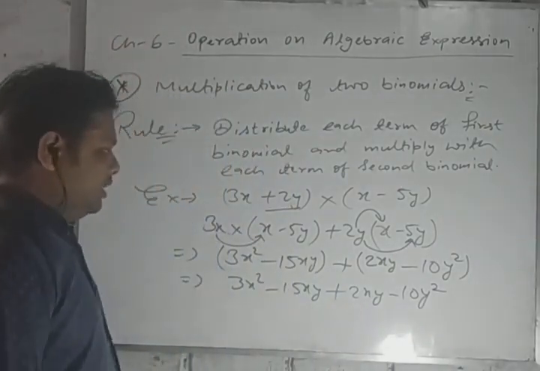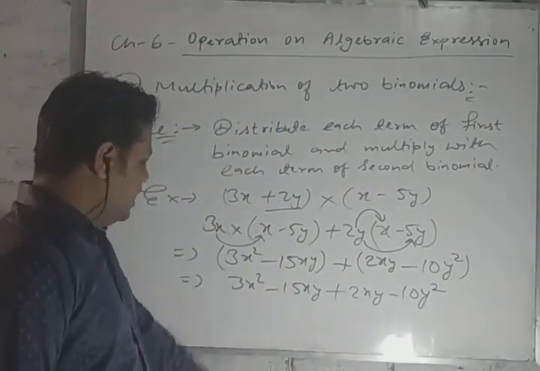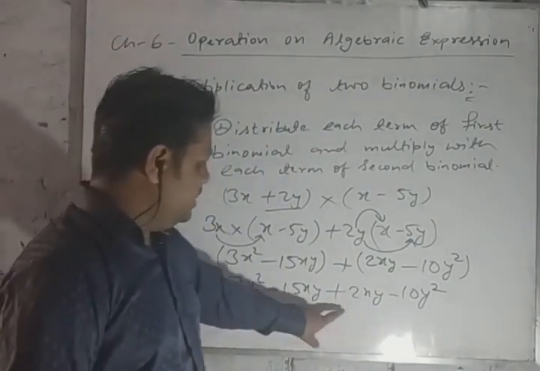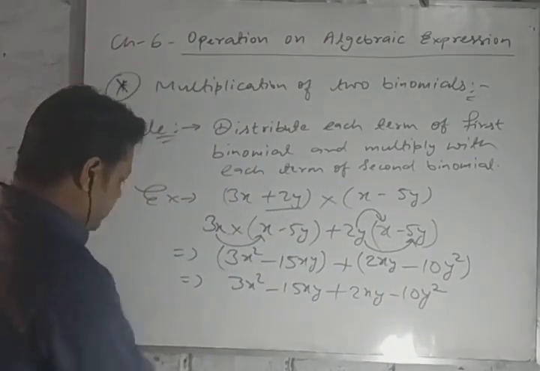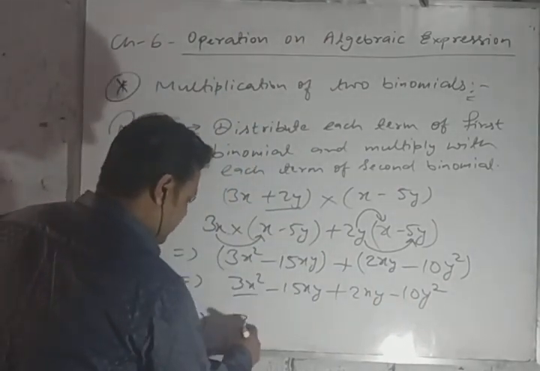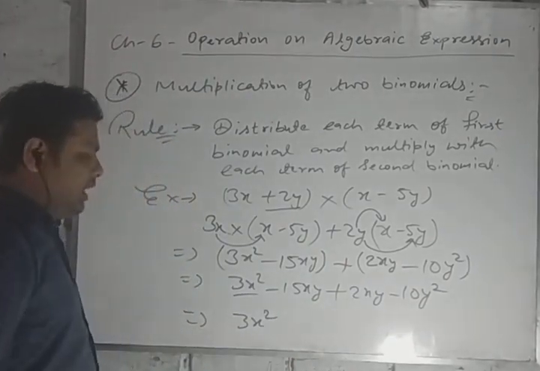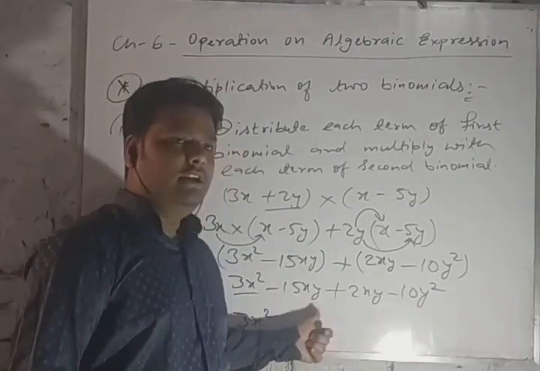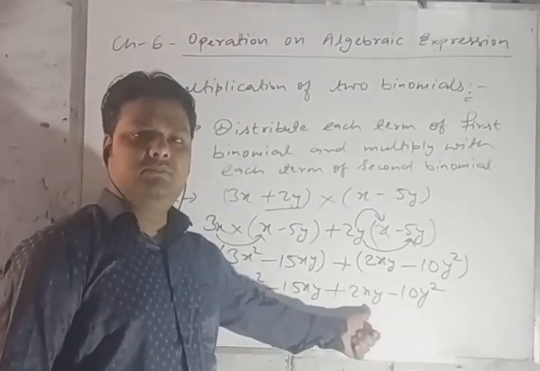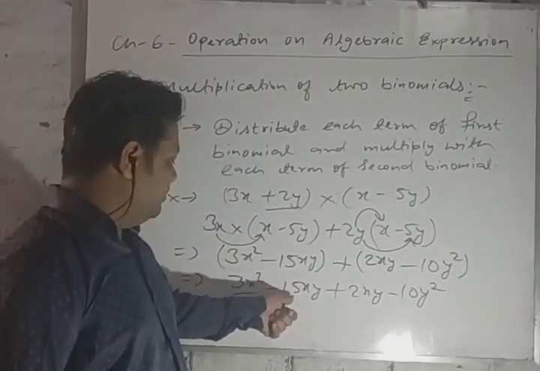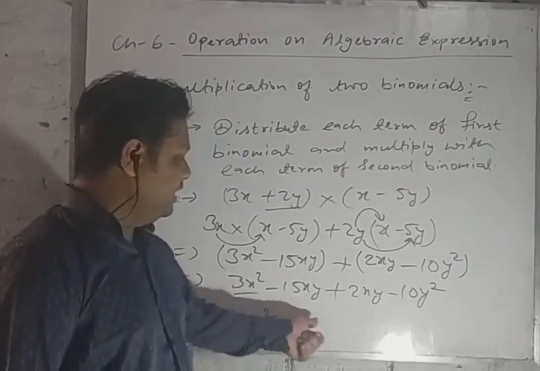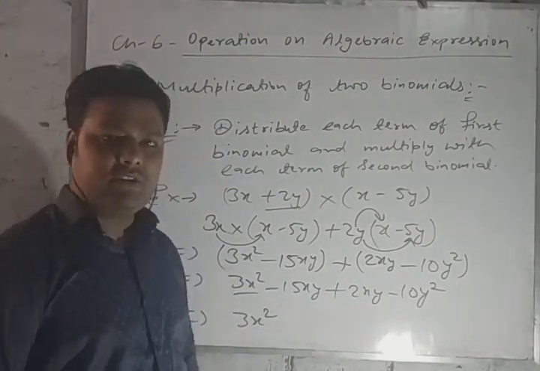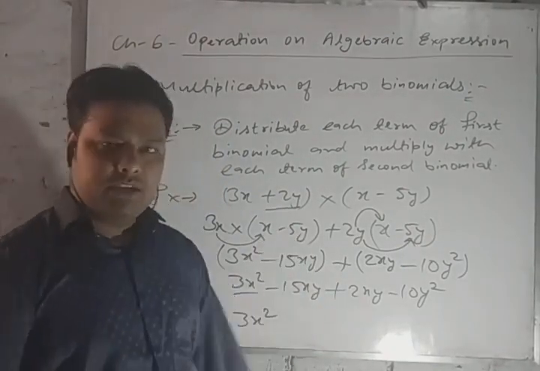Now see the like terms. Here 3x square. Is there any other x square here? No. So only one is there, so we will write 3x square directly. Now here the variable is xy and here also xy, so they are like terms. On 15xy there is a negative sign and on 2xy there is a positive sign, so we have to subtract.